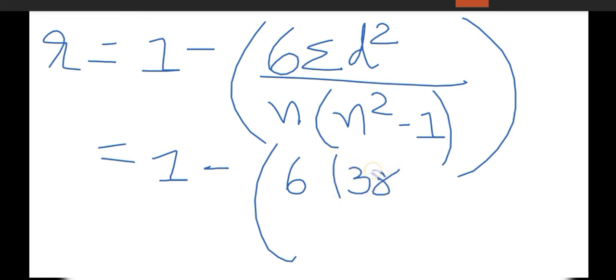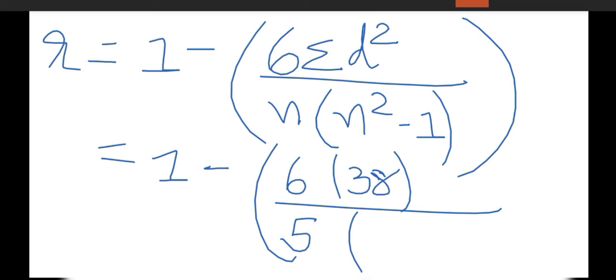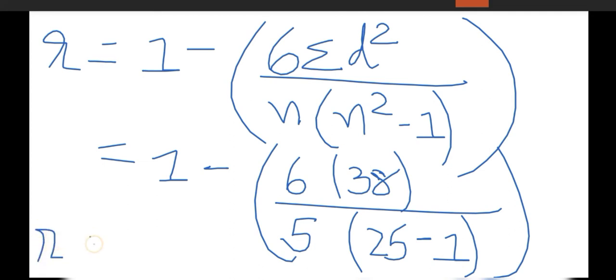So 1 minus 6 into sigma d square, which has come out to be 38. N I told you, which is 5. Square of 5, which is 25, minus 1. So on solving this, we'll get r is equal to minus 0.9.